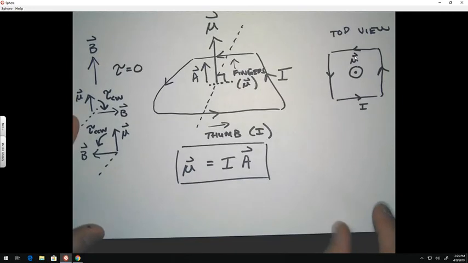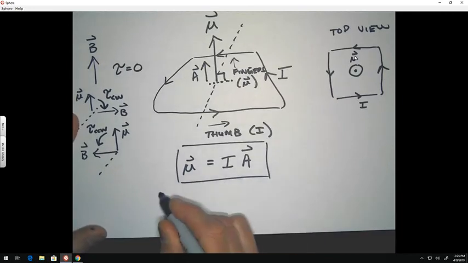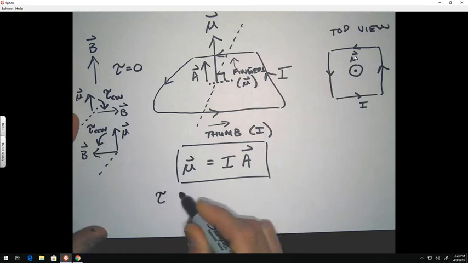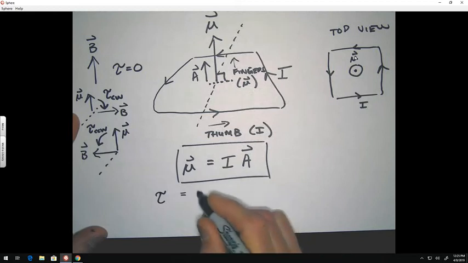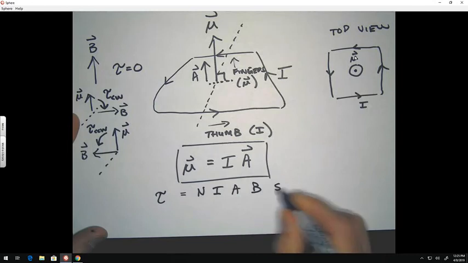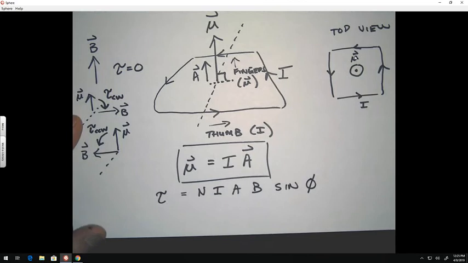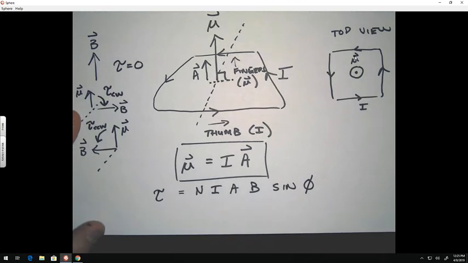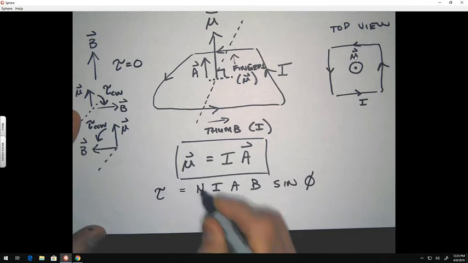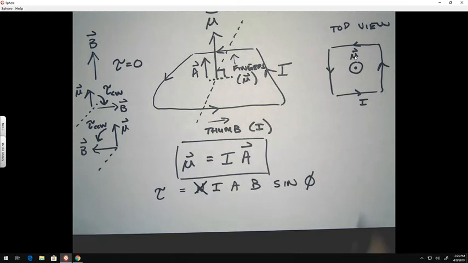The other thing I'll say is that if you recall from our earlier video, we said before that the torque that acts on a wire loop is equal to N I A B times the sine of theta. That was our big formula from the earlier video. I think I'm going to leave out the N for now. I'll just cross that out so that we'll talk about N equals 1.